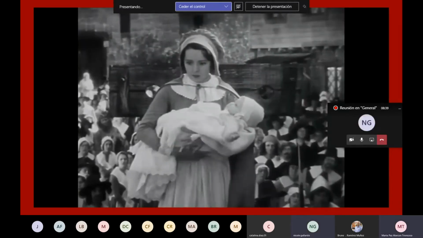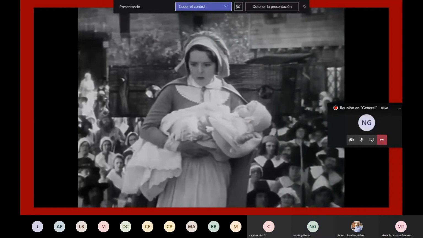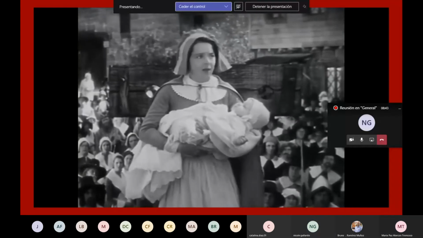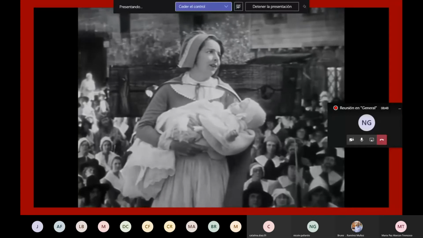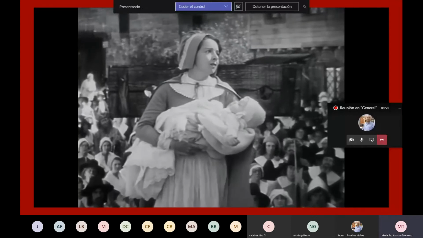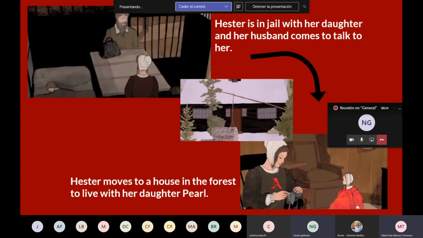And that man is her husband. Later, Hester is back in jail with her baby, and one day her husband comes to see her because he wanted to ask her who was the father of Pearl, her daughter.